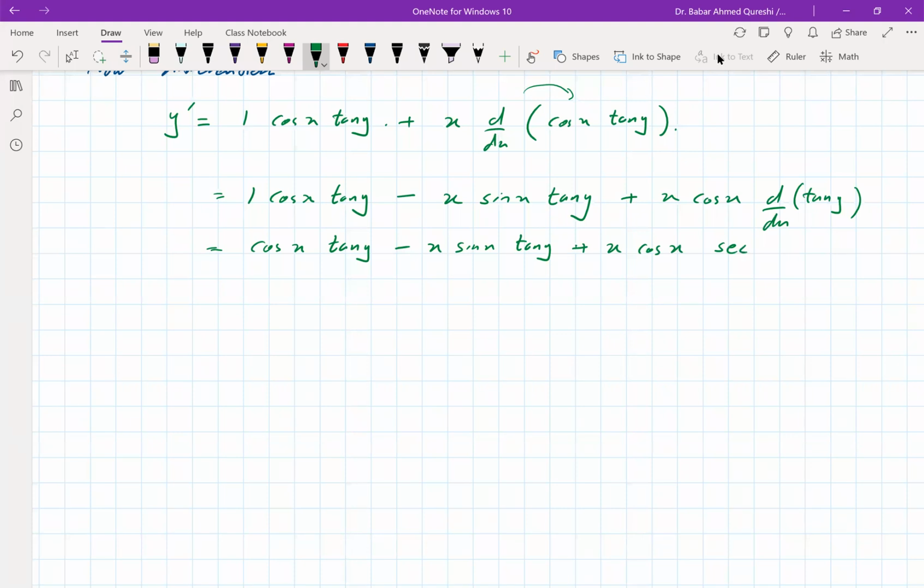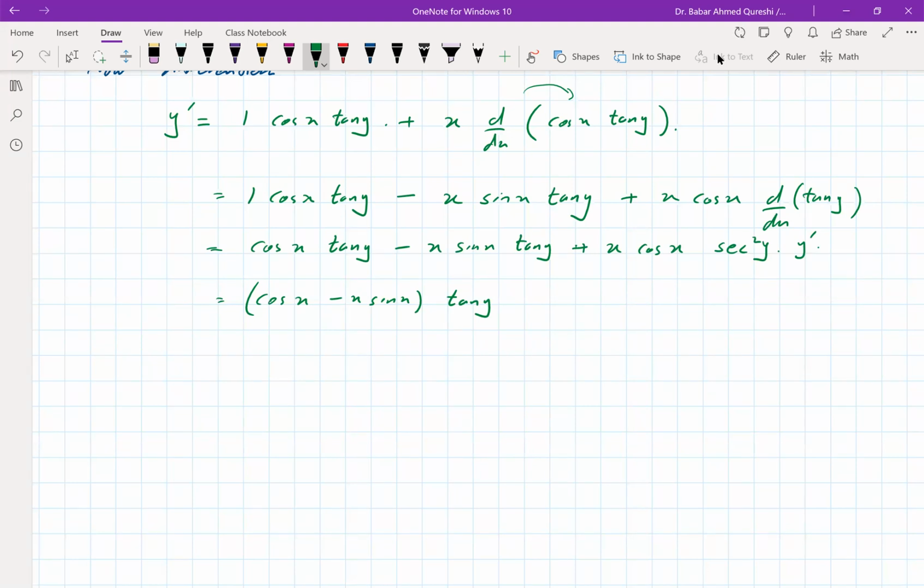So secant square y times, now you do the derivative of what is inside. So what's inside is y, so y dash. So you have cosine x minus x sine x tangent y.